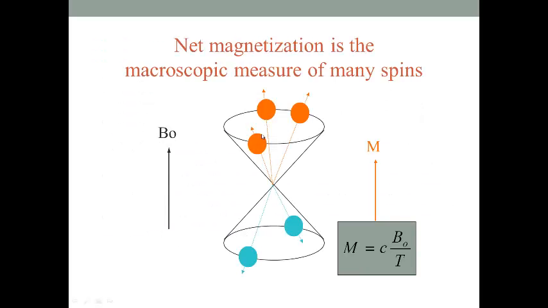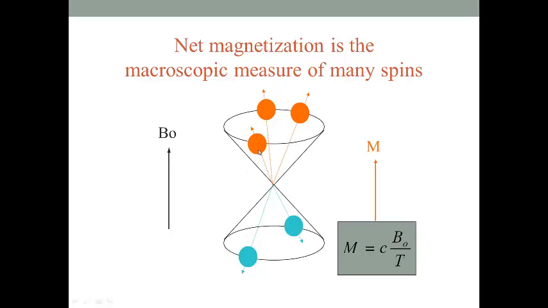However, the external B0 makes the protons line up with the external magnetic field B0. But also the protons are spinning, they're moving, depending on the temperature.